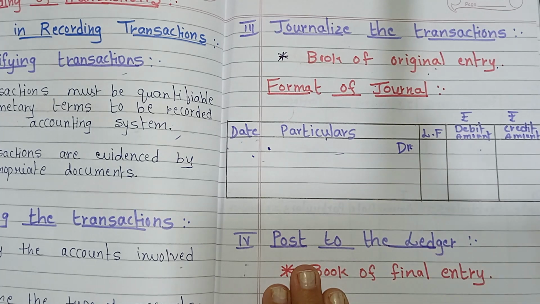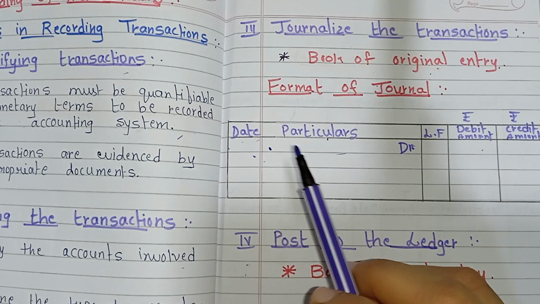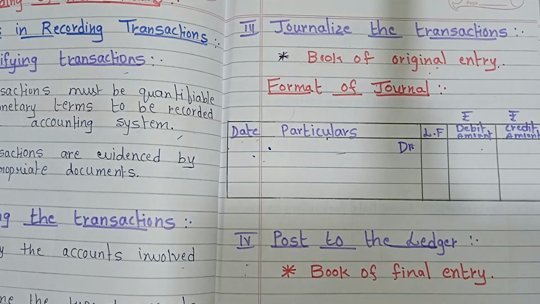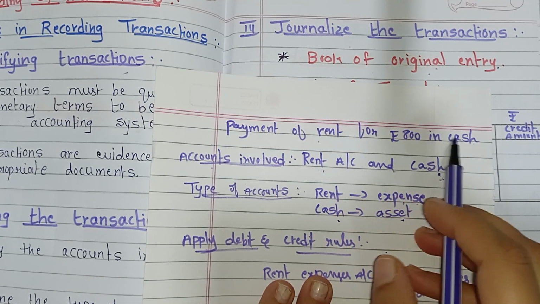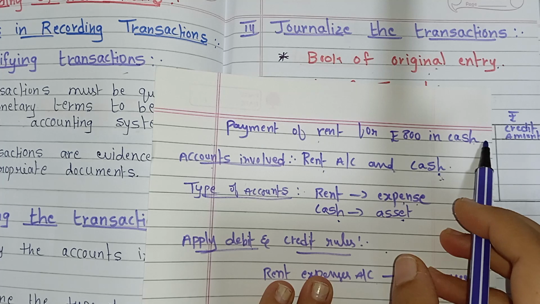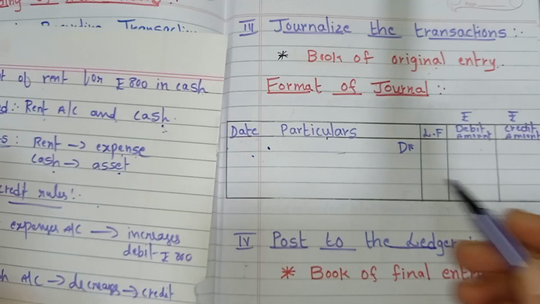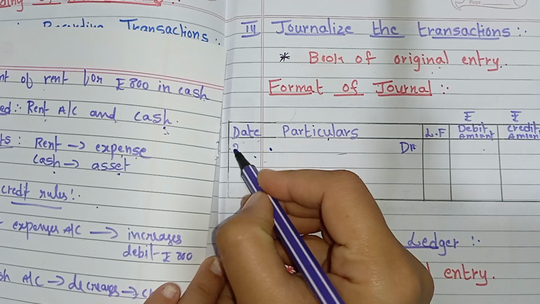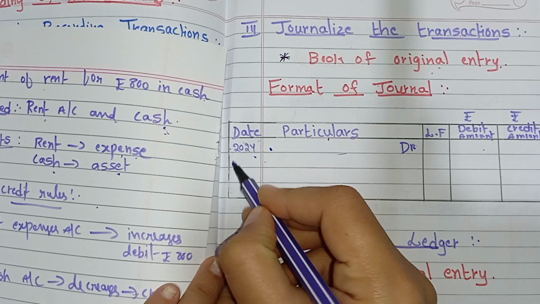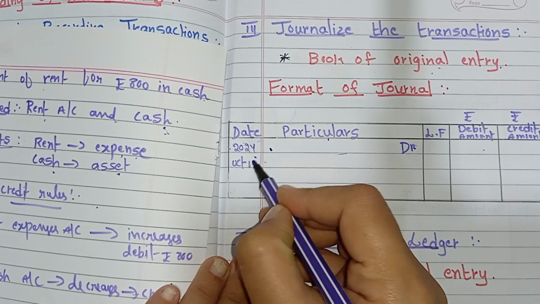Fine, here I will explain this one through an example. See, I will take the same example: payment of rent for rupees 800 in cash. We will write the date. First we need to write the date, that is 2024 October 10th.